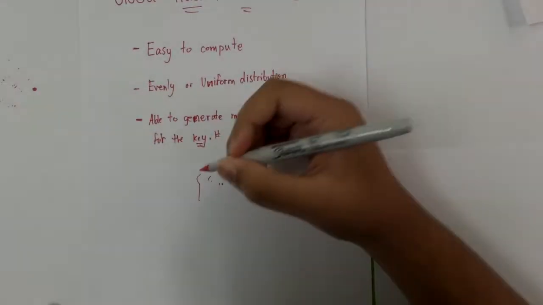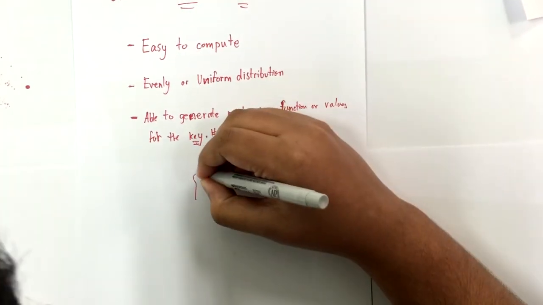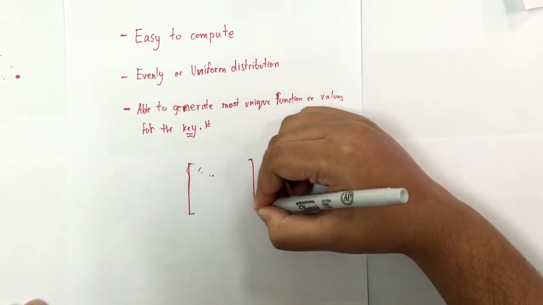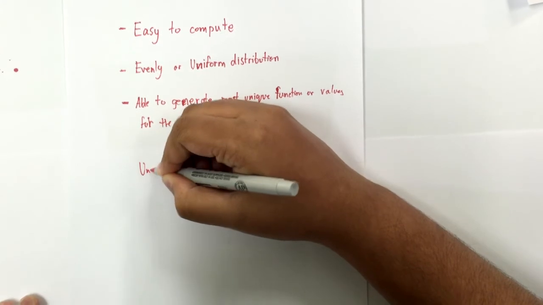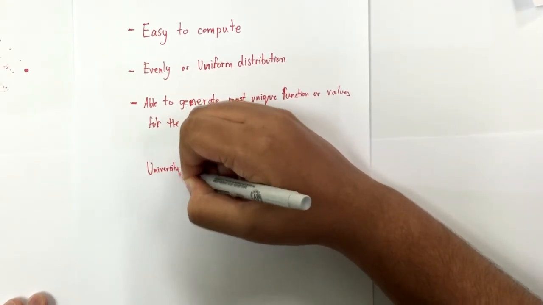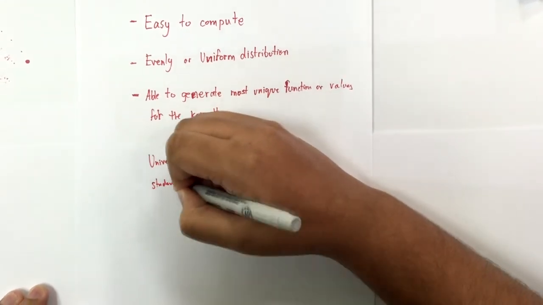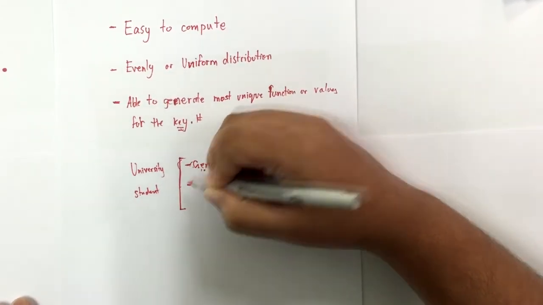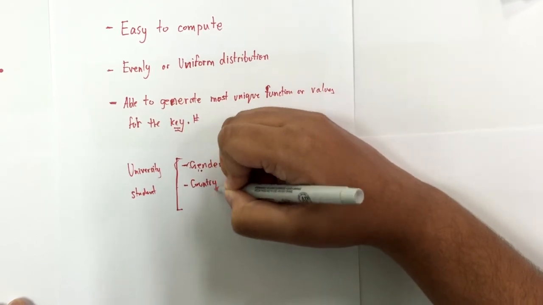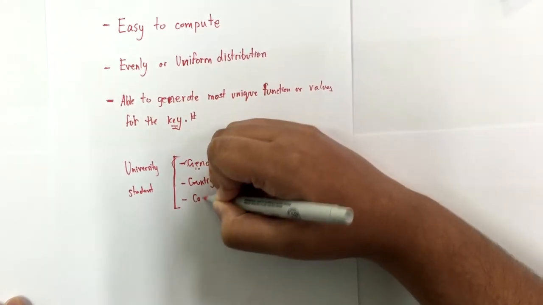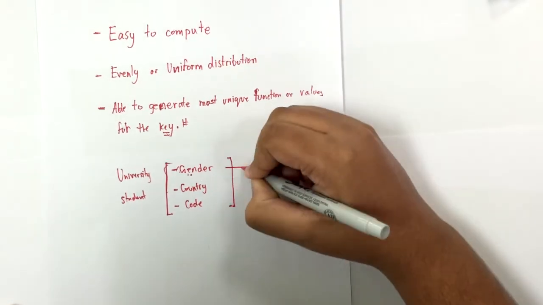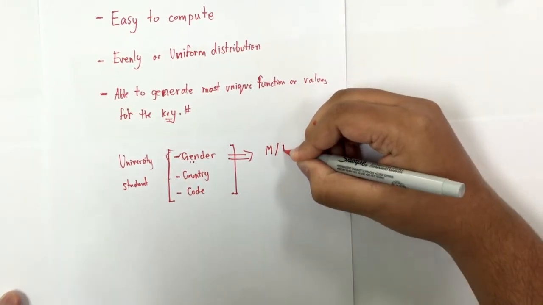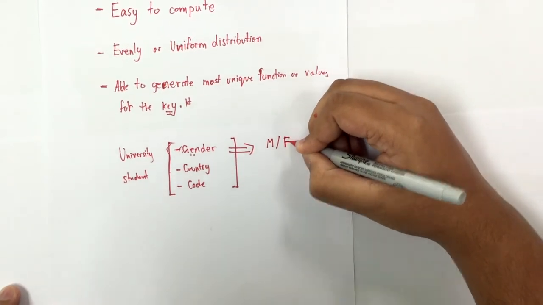Okay, now I'll give you an example of a good hash function. What if we want to create a hash function for data about students? Let's say we can use gender, country of origin, or grade code. Let's evaluate these three and see which one would be used for a good hash function.